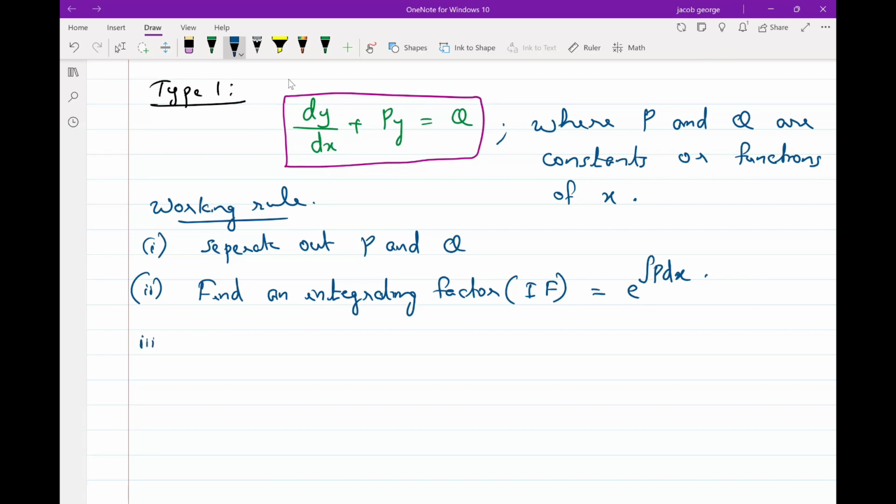After finding the integrating factor, multiply the left-hand side and right-hand side by the integrating factor.